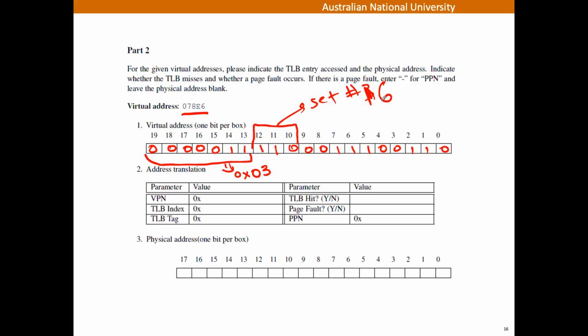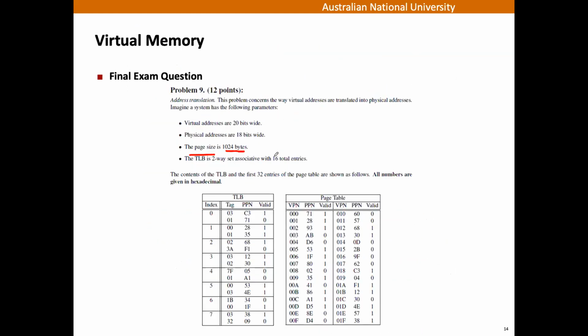So set number 6, and the tag is correct, right? I was kidding, don't worry about it. So I want to go inside the TLB at set number 6. Do I have the translation?